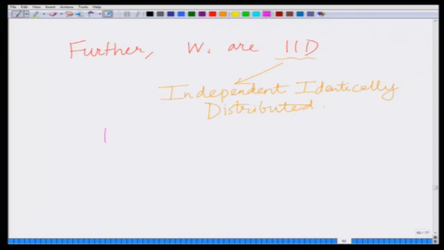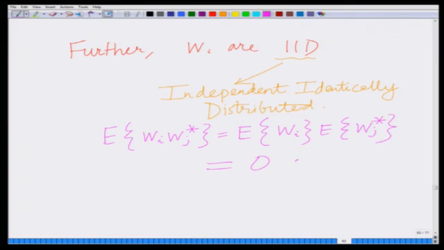And since these are independent, as we have already seen, expected Wi Wj conjugate is equal to the expected value of Wi times the expected value of Wj conjugate, which is equal to 0 if i is not equal to j.